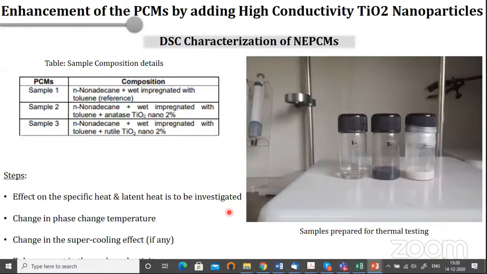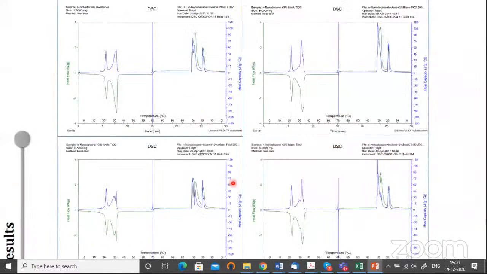We looked at the change in phase temperature and the change in the supercooling effect, if any: does having nanoparticles impregnated in the phase change material affect the supercooling temperature, and how is the other phase change temperature affected when we mix it?